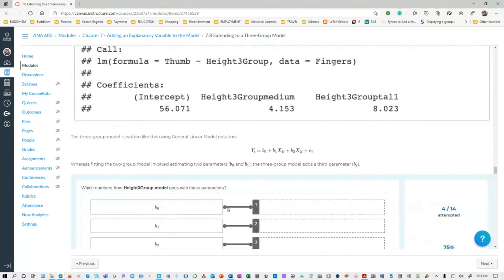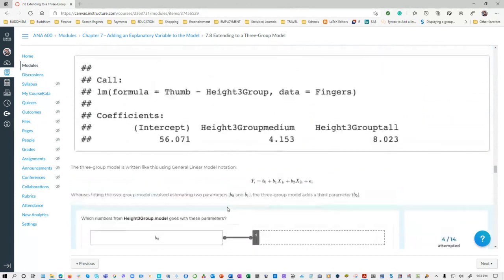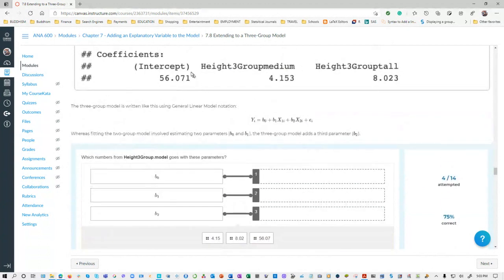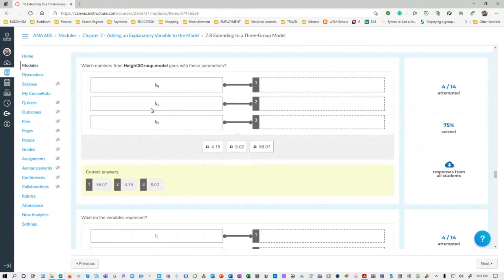This is B0. This is B1 with X1. How can this be interpreted? This is your B0, this is your B1, this is your B2.